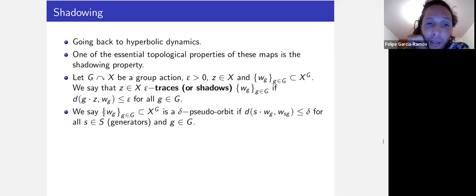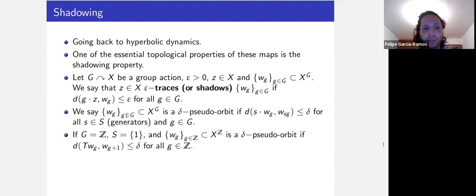It's kind of like if it locally behaves like an orbit. So if I put s, where S is the finite generators, and I move along, w_g is the same as having w_{sg}. So this is now an element here. Let me give the motivation in G equals Z. Here our generator is only adding 1.